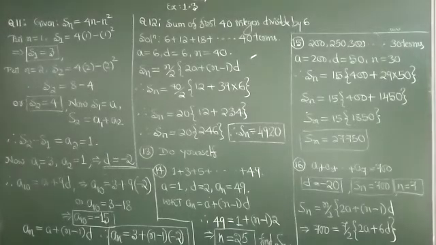Once I know A and D, then there is nothing to solve. They are asking us to find out the 10th term, and to find out the nth term. Just put the values, you get the 10th term, A10 equal to A plus n minus 1 into D, or A plus 9D. So you are getting the 10th term, that is A10 equal to minus 15.